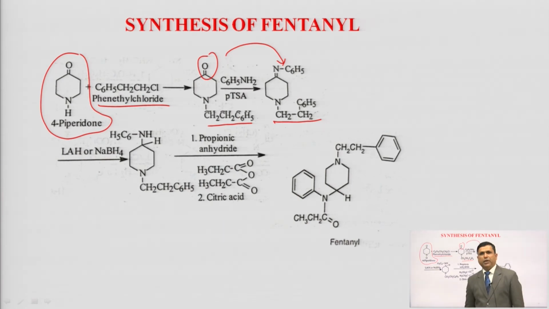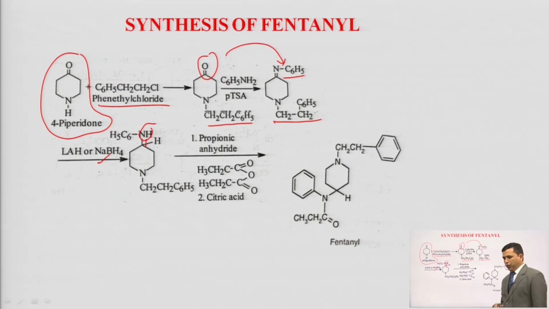In the next step, reduction takes place using lithium aluminum hydride or sodium borohydride, that is NaBH4. So, this NC6H5 is converted into the single bonded NHC6H5, and in the final step, it first reacts with propionic anhydride and then with citric acid. Now, you will get fentanyl.